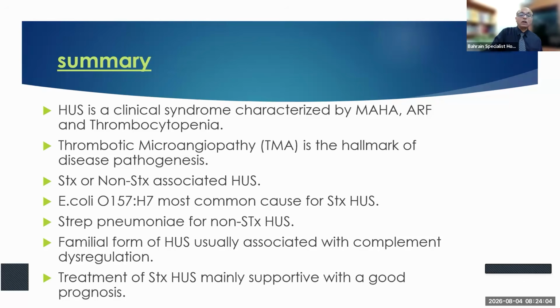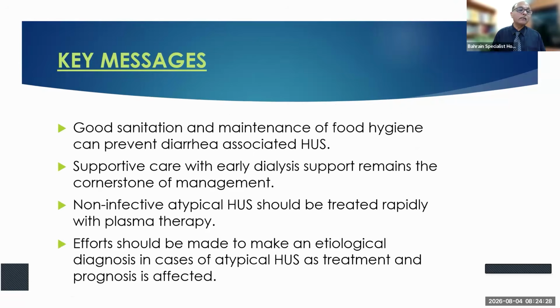Strep pneumoniae causes the non-diarrheal form of HUS. Familial HUS is usually associated with complement dysregulation, which you should suspect. Treatment of STEC HUS is mainly supportive with a good prognosis. If you treat aggressively with antibiotics, it can lead to acute renal failure.